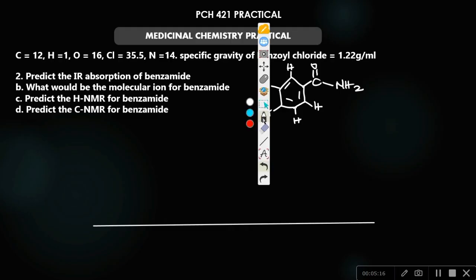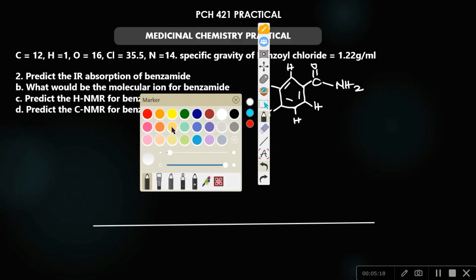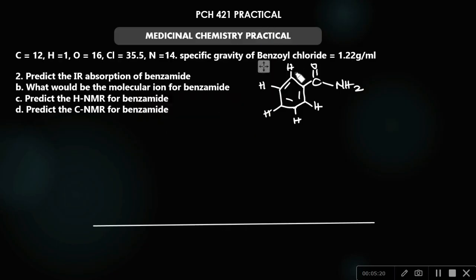Now note something. From what I've taught you so far, you agree with me that this proton and this proton are in the same chemical environment because there's a line of symmetry that runs through them. Is that okay? These two protons are in the same chemical environment, so they will have just one signal. This proton here and this proton are in the same chemical environment, so they will have one signal. Also, this proton here is in one chemical environment.